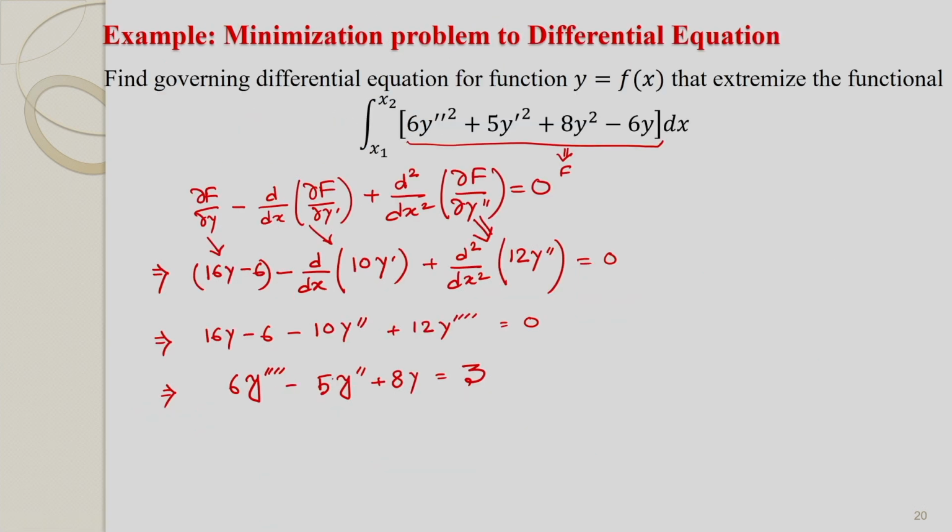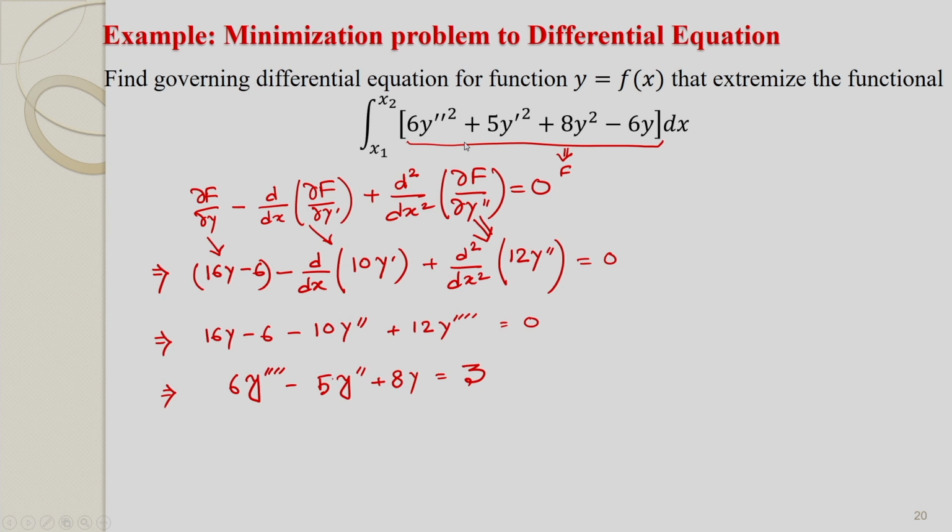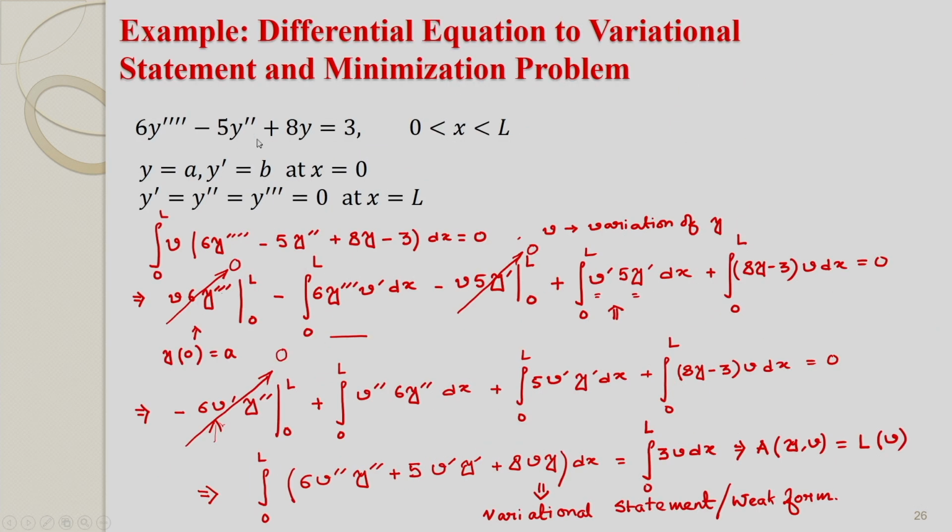Previously, we solved an example where we minimized this functional. Now, today we reached that same functional, and in that example, with the Euler-Lagrange equation, this was our final differential equation. So, this is the differential equation which is the starting point of this example.